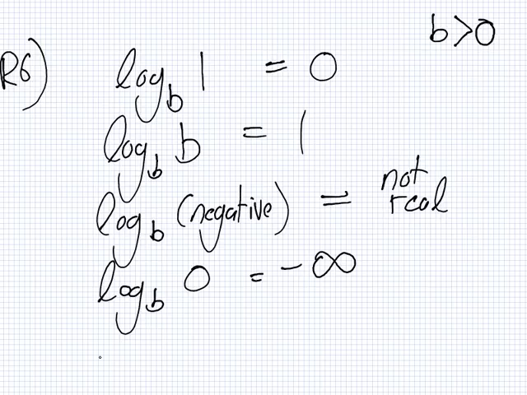If I had log base 0.5 of 0, it's still the same problem. I can't think of a number that will make this become 0. Yeah. Plus infinity, yeah. Is there a calculator trick over here? You can change the base in the calculator.